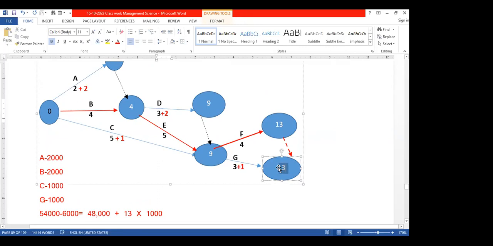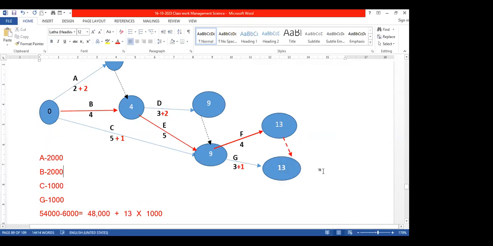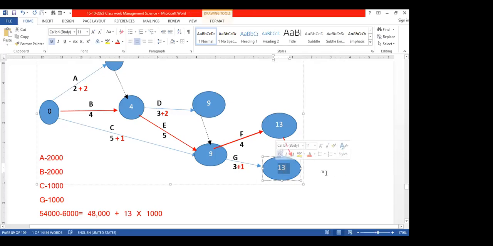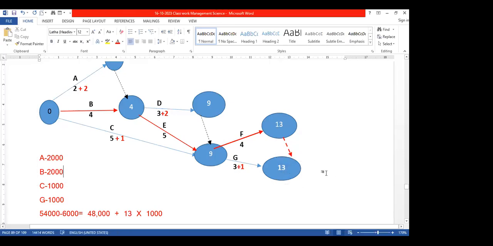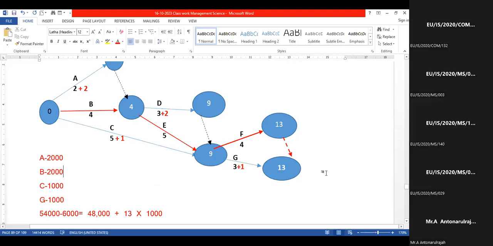Normally it is taking 13 days, no? Friends, the crash duration is taking 13 days. That is the minimum duration. So note somewhere that the crash duration is the minimum duration of the project. Beyond that, we cannot predict.